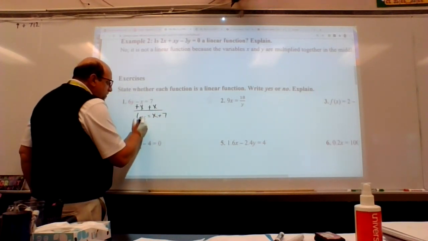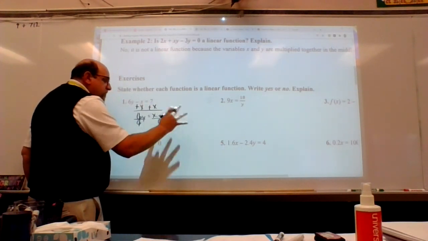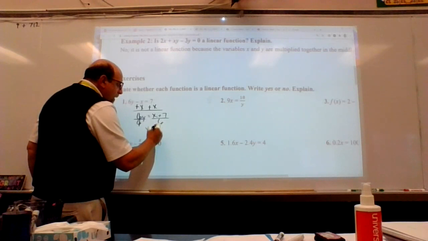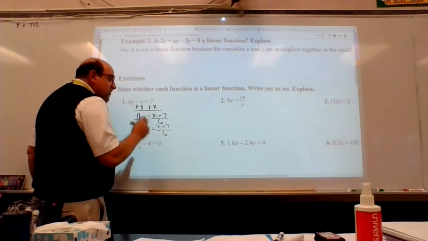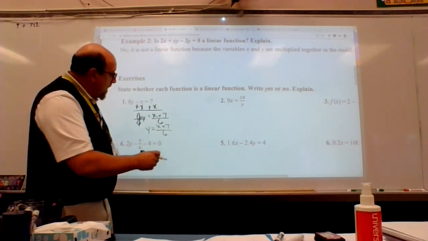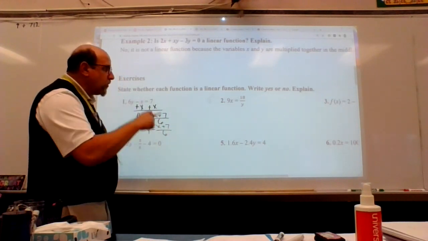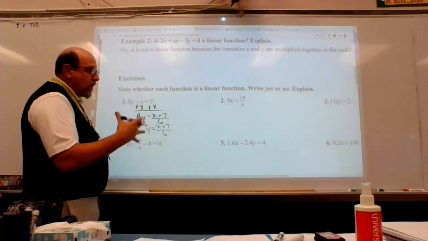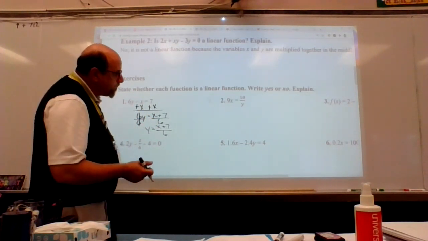All right, well, let's divide both sides by 6. This is a perfectly valid answer. Y equals x plus 7 divided by 6. This is a linear function because x is not in the denominator and it's not being multiplied by y anywhere. Okay? So we're still good to go.